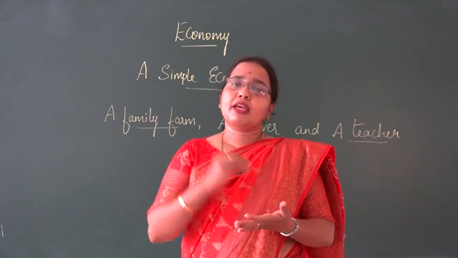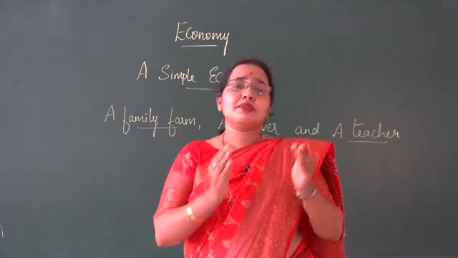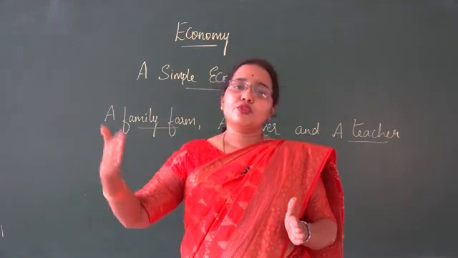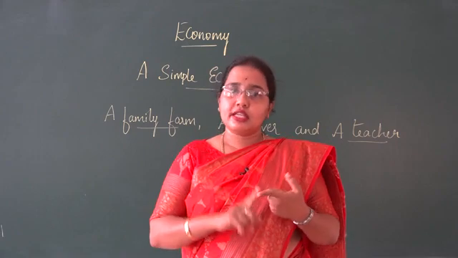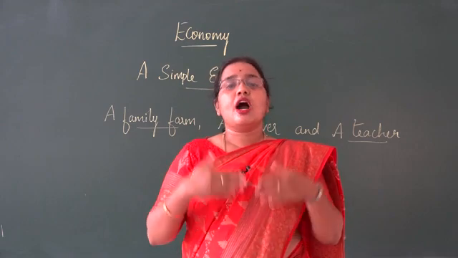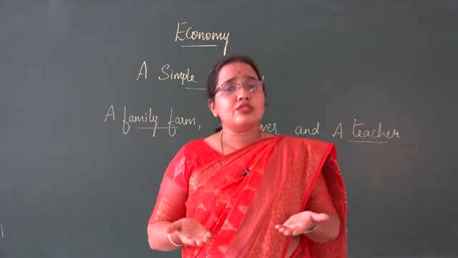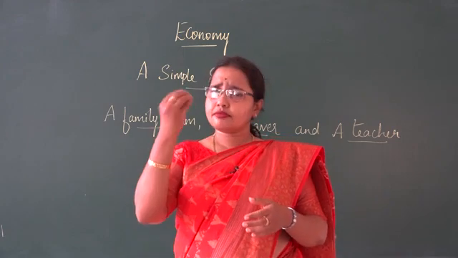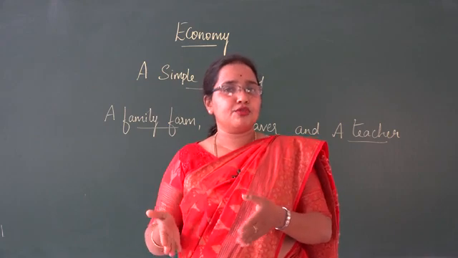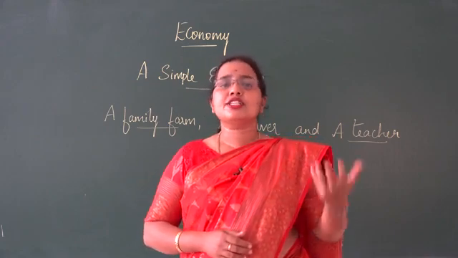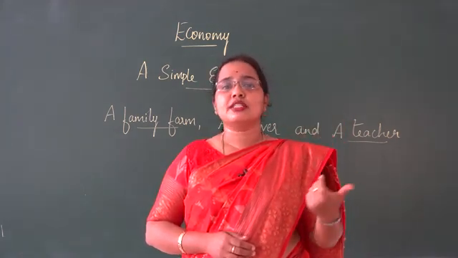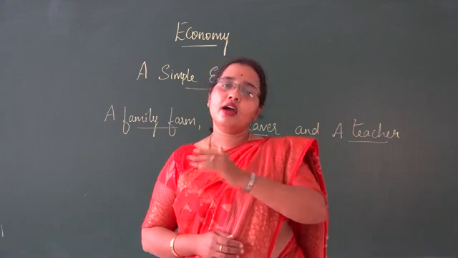A family farm can produce some corn, keep a part of the produce for self-consumption, and use the rest for the procurement of clothing, housing, and various other goods and services that it requires. Similarly, a weaver can obtain many goods and services that he or she requires just by exchanging the cloth that is produced from his yarn. Likewise, a teacher may get some money by teaching, but that money can be used for buying many goods and services to satisfy his or her wants.